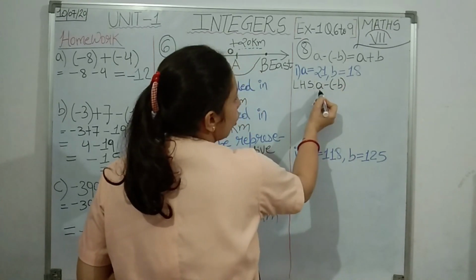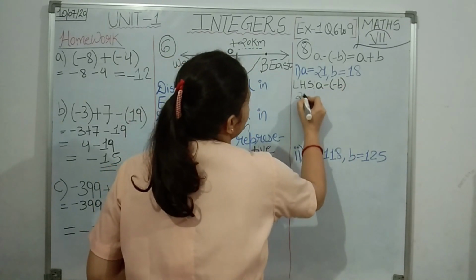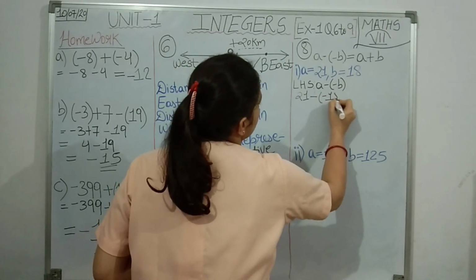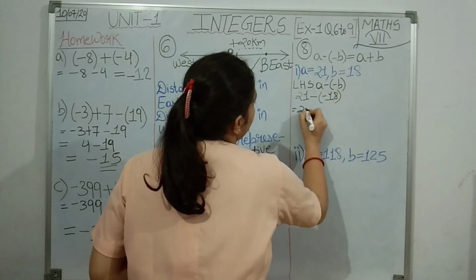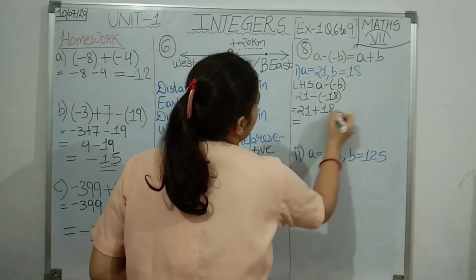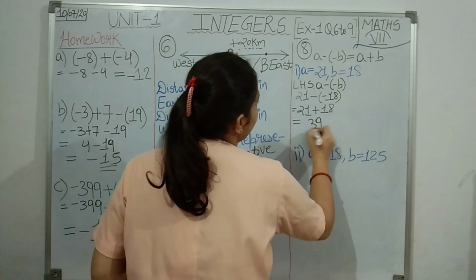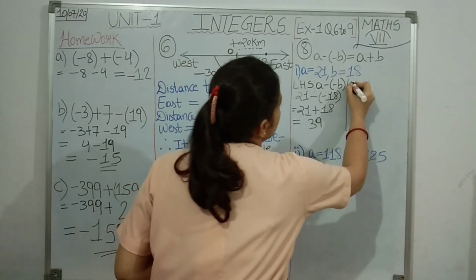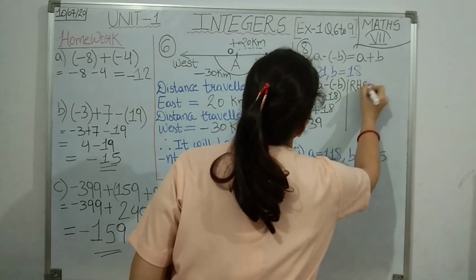What is the value of A? 21. So 21 minus, what is the value given for B? 18. Solve it, students. 21 plus 18: on adding, 8 plus 1 is 9, 2 plus 1 is 3. So 39.